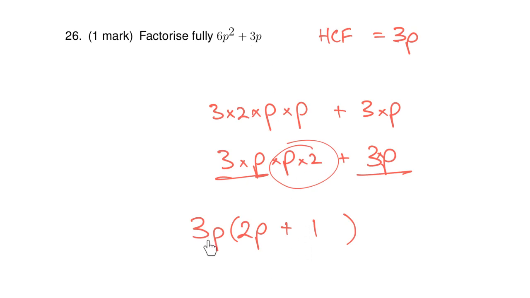So if I expanded this out, I would get this, which is the way I can check that my factorization was correct. So just going through those steps again, I found the highest common factor. I expanded these out just to help me identify what that was if I wasn't sure. And I could see that it was 3p, bring it outside the brackets, and inside the brackets goes the bits that I need to multiply this by to get to this.